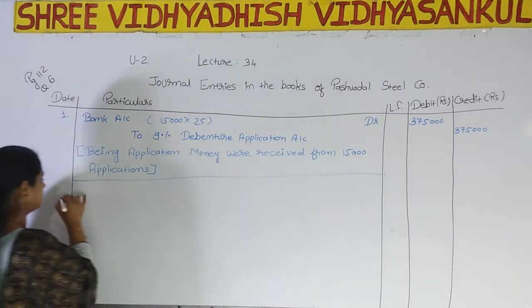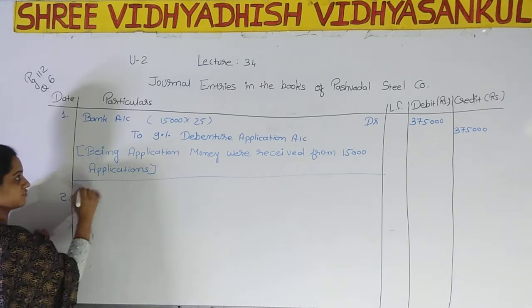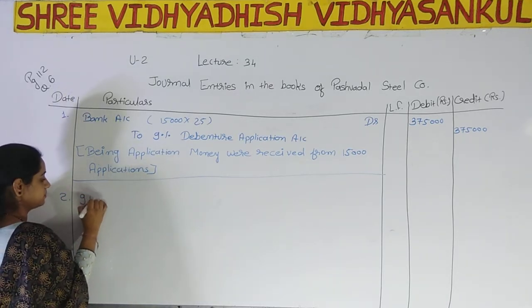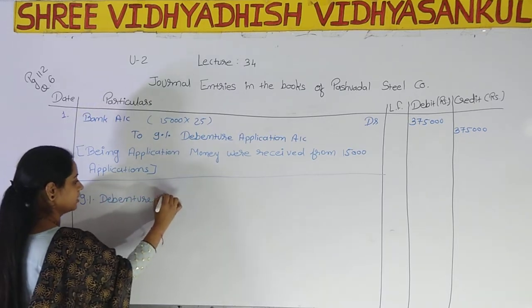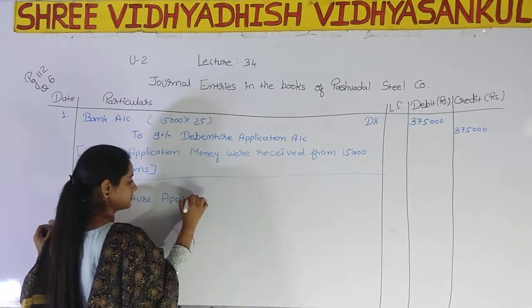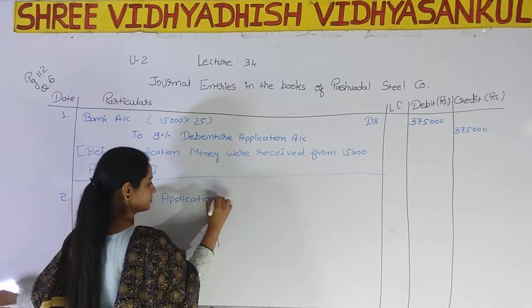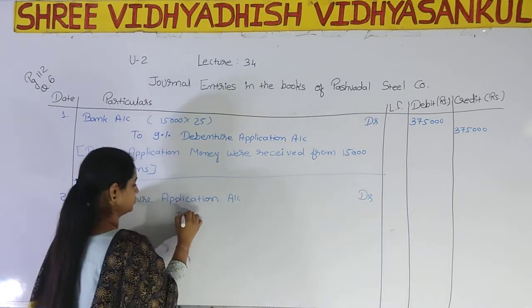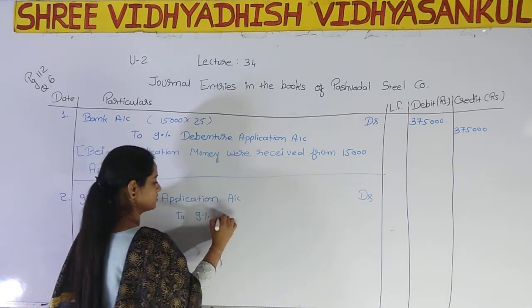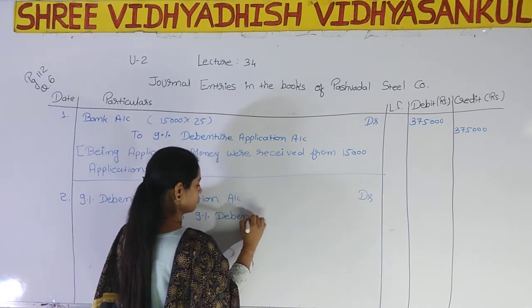The next one will be for transferring. The transferring entry will be 9% debenture application account debit to 9% debenture account.